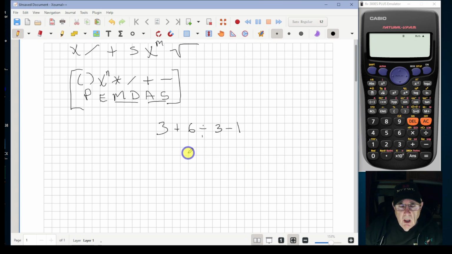And let's say, in what I'm trying to get across when I'm making up this expression, I want you to do the addition first and the subtraction, then do the division.